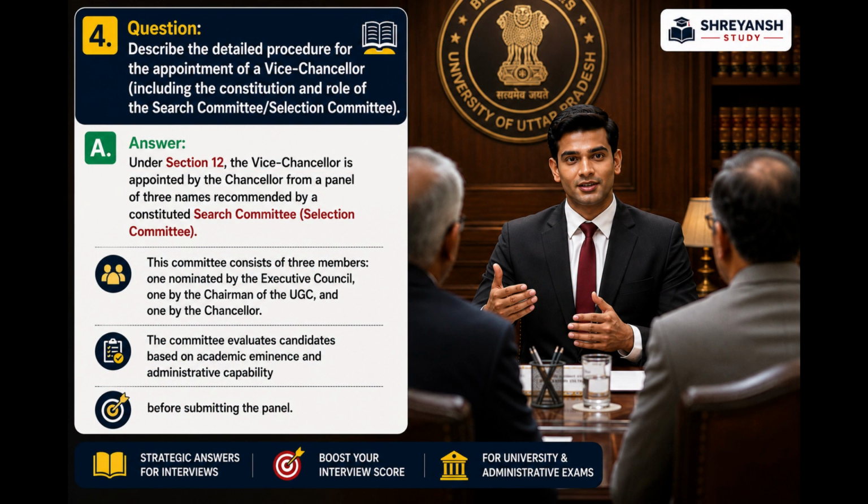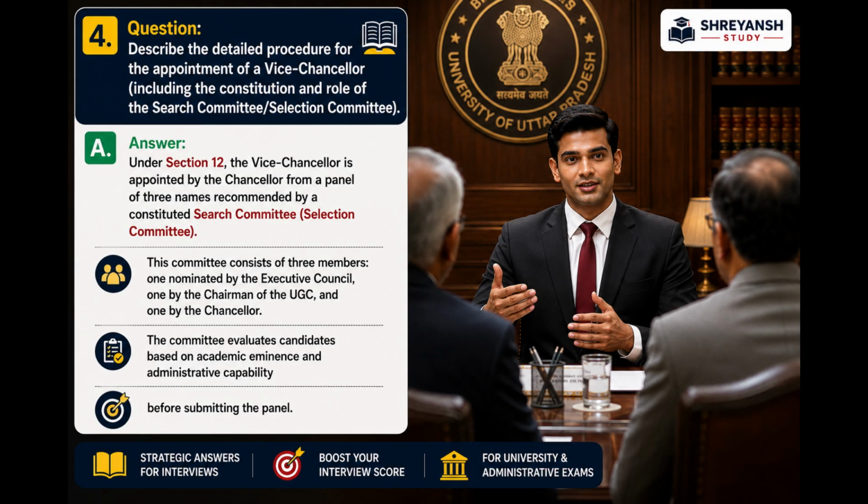Describe the detailed procedure for the appointment of a Vice-Chancellor, including the constitution and role of the search committee or selection committee. Sir, under Section 12, the Vice-Chancellor is appointed by the Chancellor from a panel of 3 names recommended by a constituted search committee or selection committee.